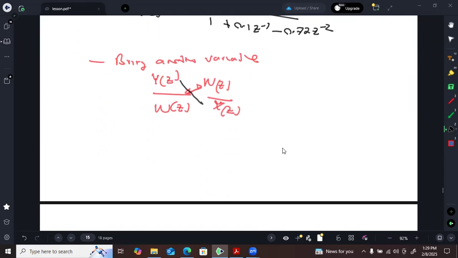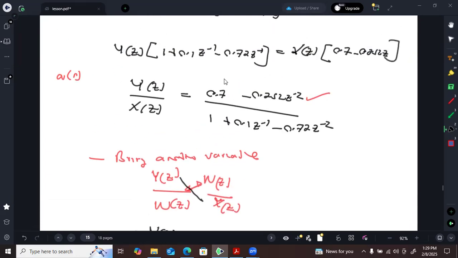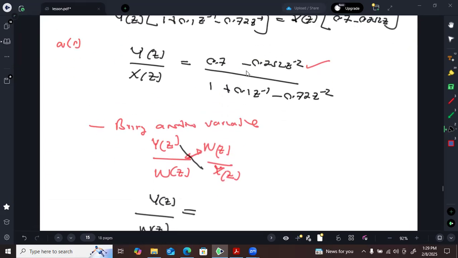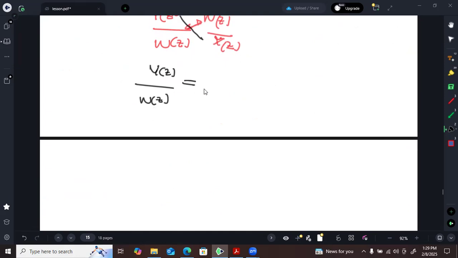So once you have written them like that, we would associate Y of z over W of z with the numerator, 0.7 minus 0.252 z minus 2.